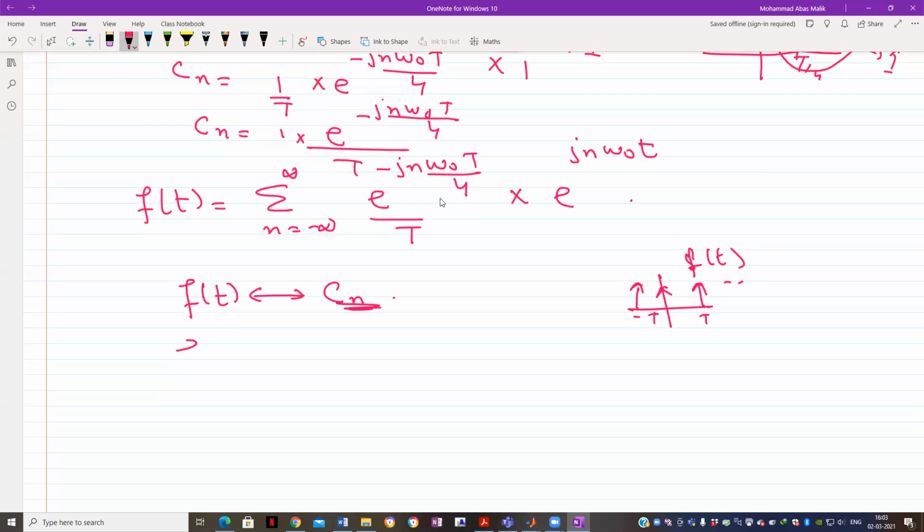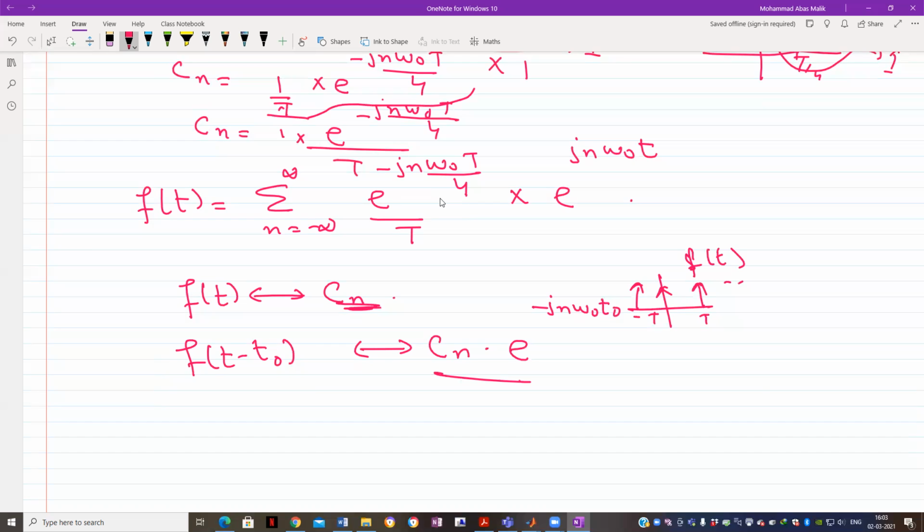Now, if you shift this delta to some t naught value, then you will get Cn into e raised to the power minus j n omega naught t naught, because that is what you got here. This 1 by T was Cn, and then some other term here.